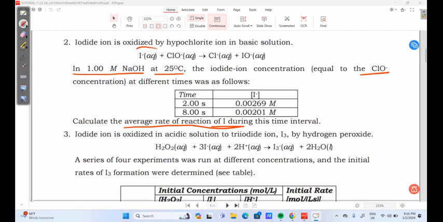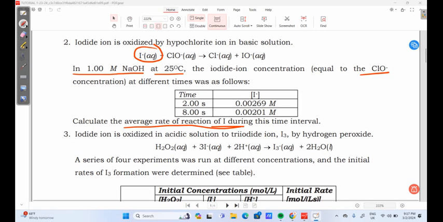So we can see the iodide is given there. Now what can you say about the iodide? The iodide was the reactant. So how do we go about it?